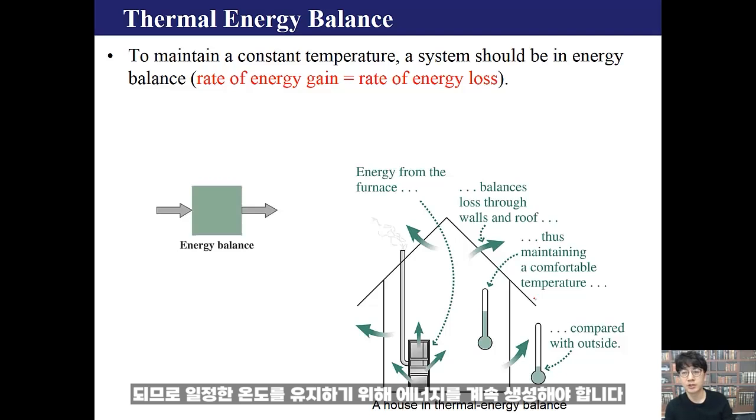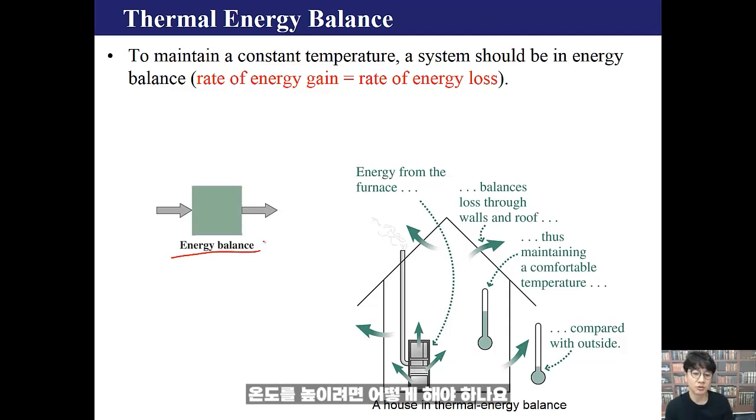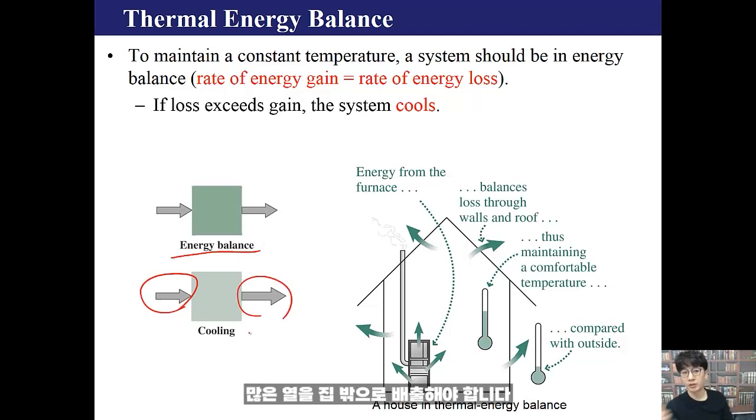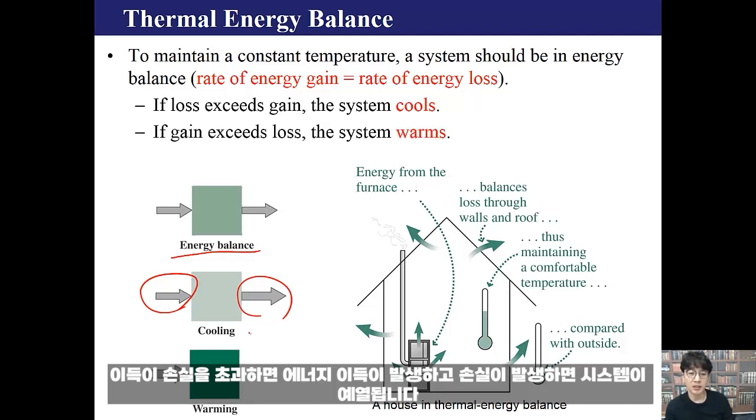Then it should keep generating energy to maintain a constant temperature. To decrease the temperature, we need to give less heat and eject more heat out of the house. If loss exceeds gain, the system cools down. If energy gain is greater than the loss, the system warms up.